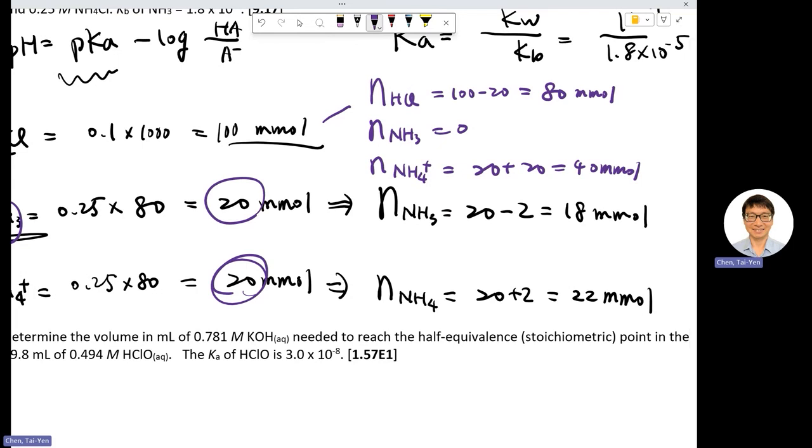And once your base gets the proton, it becomes the conjugate acid. So this guy will become this guy. That's why I write 20 plus 20. Conjugate acid and base are kind of like an equilibrium: if one decreases, the other must increase, because the proton is playing the role here. Everybody see this now?